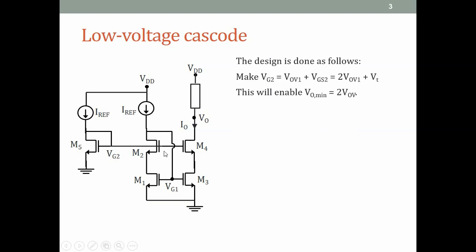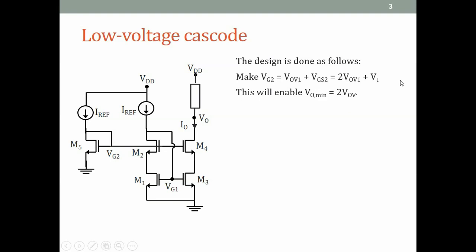In other words, we want VG2, the gate of M2 and M4, which is being generated by this circuit, to be VOV1 or VOV3, the same thing, VOV1 plus a VGS of M2. So VOV1 plus VGS2, which is 2 VOV1 plus VT, because VGS2 is equal to VOV1 plus VT. If we do this, then VO min will become 2 VOV, which is 0.4 volts.